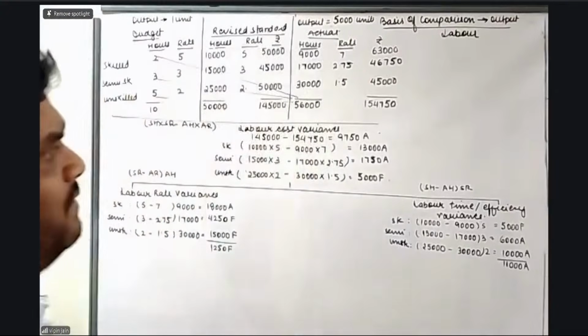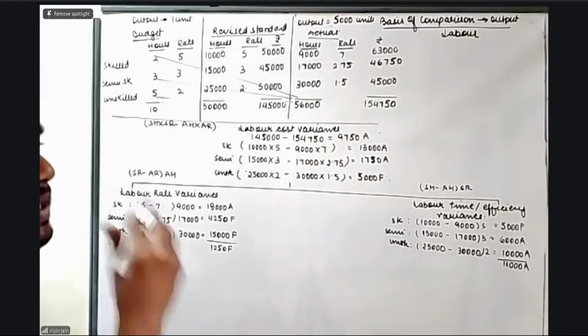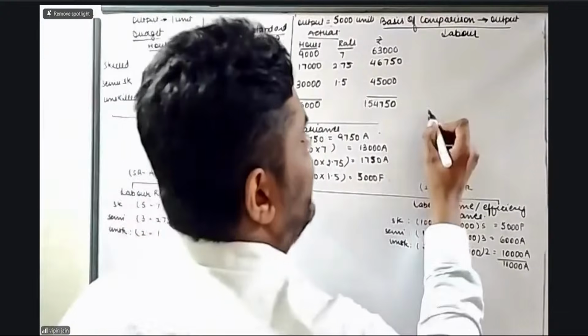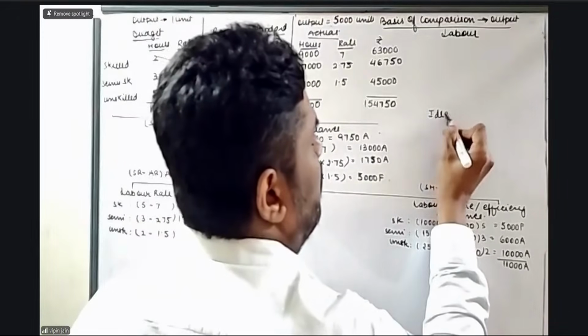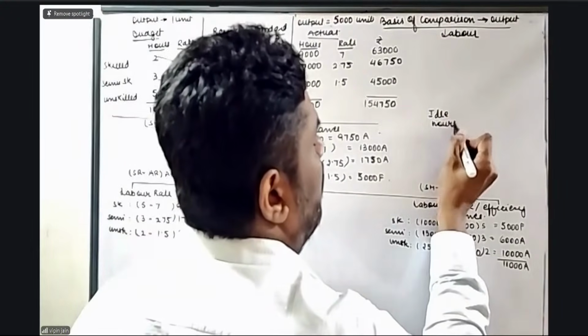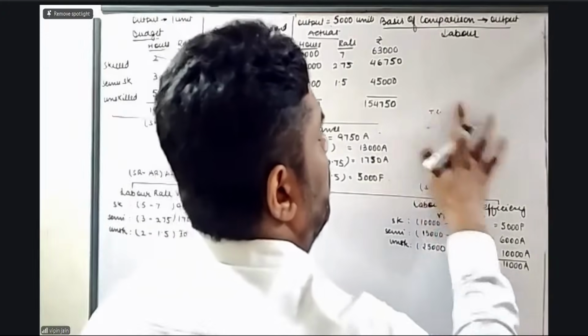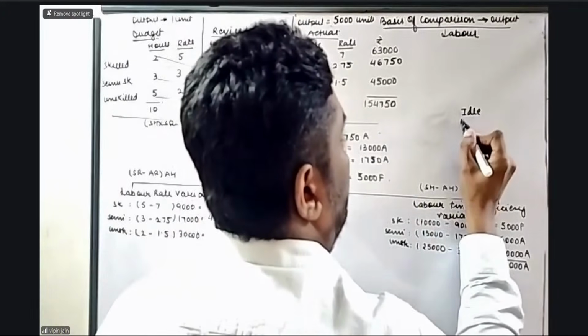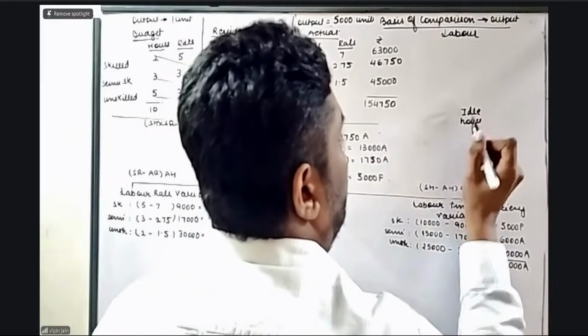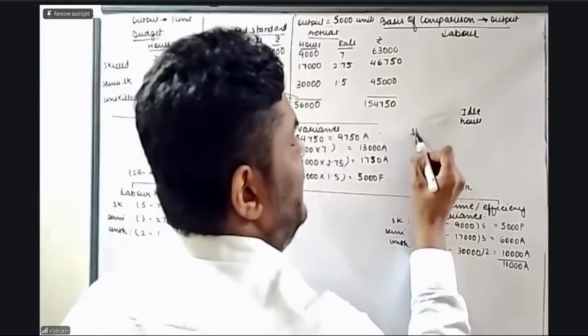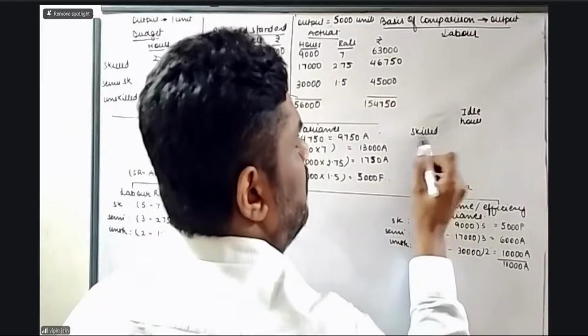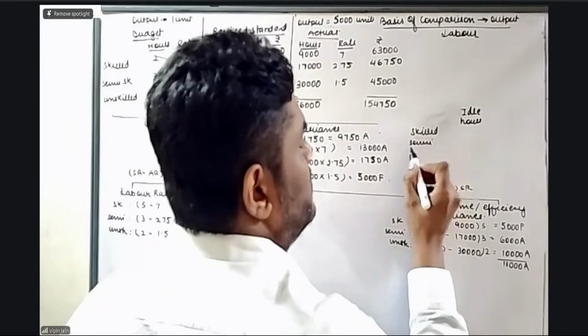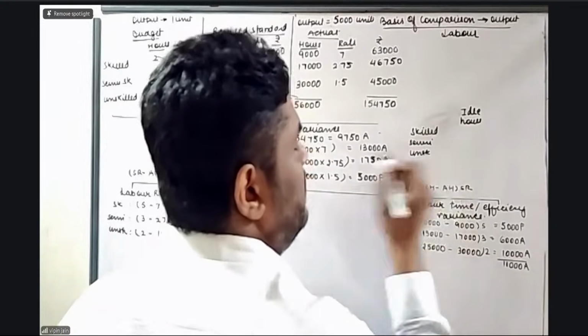Now see guys, let's take one more scenario in which idle hours are also given, for the three sets: skilled, semi-skilled and unskilled.